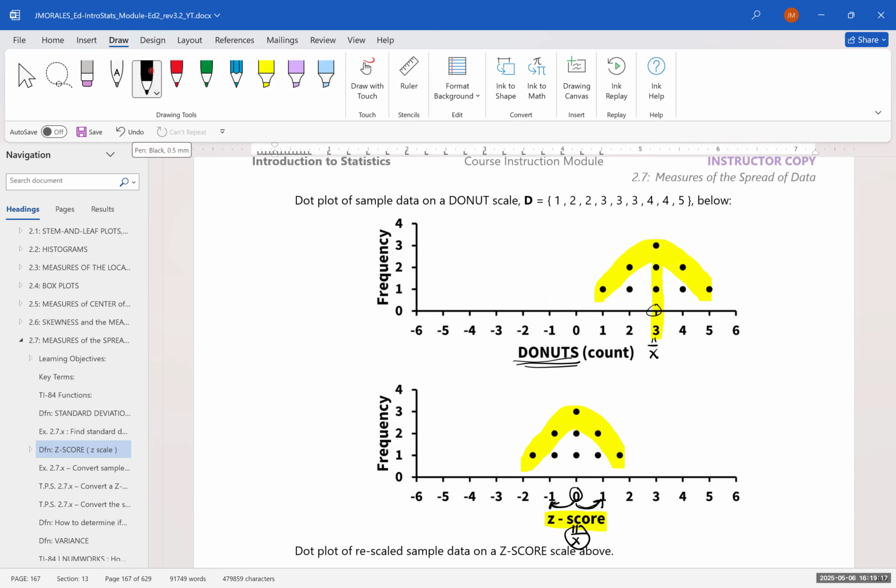So we are going one donut above and one donut below, but that's represented by a 4 and a 2. Whereas on a z-score scale, because our center of the data is now 0, going up 1 above it is now 1, and going below 1 is now -1. Going up twice is +2, going below twice is -2. Okay.